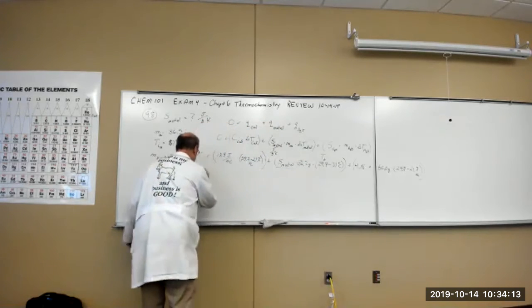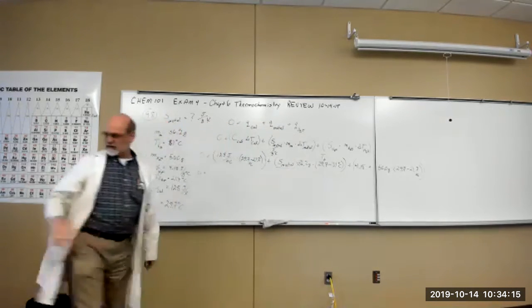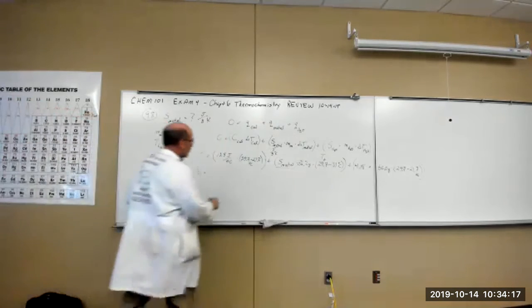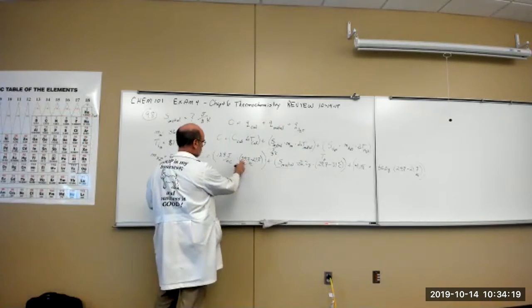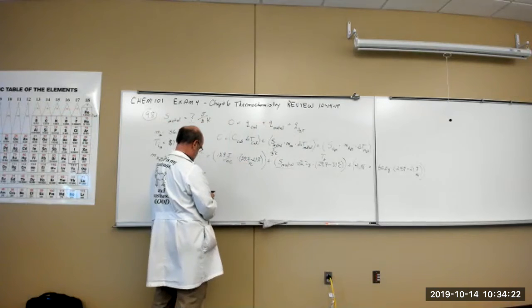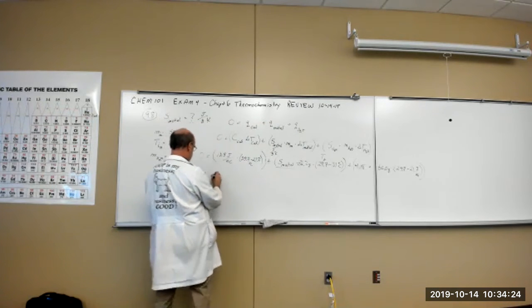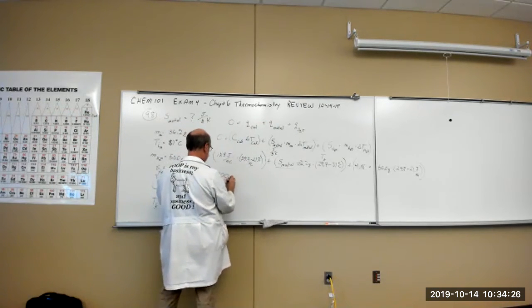All right, so 0 equals this one, 29.7, that's 8 degrees, isn't it? So that's 1,000 joules.